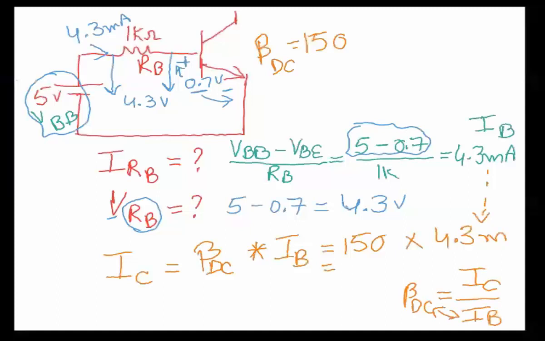Yes, the beta DC is given. Beta DC stands for DC current gain. That's what beta DC refers to. It's the ratio between collector and base, which pretty much implies how much amplification will happen.